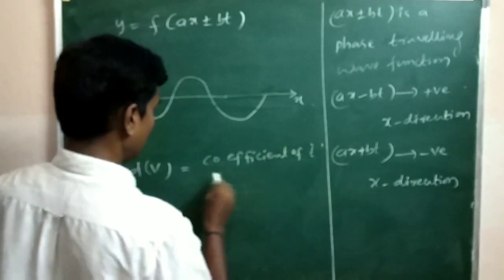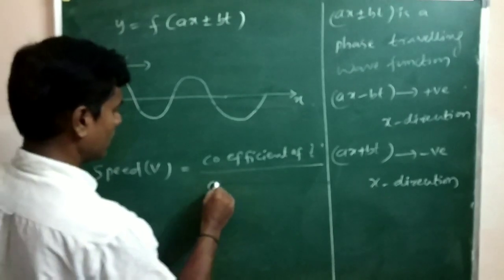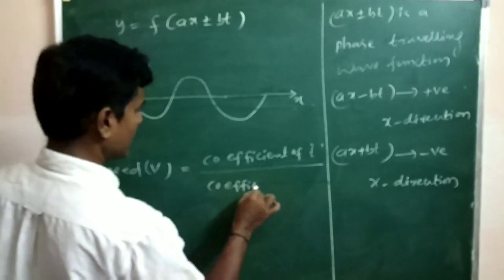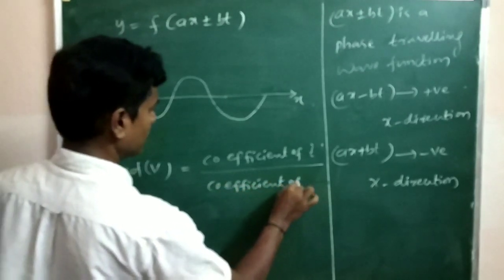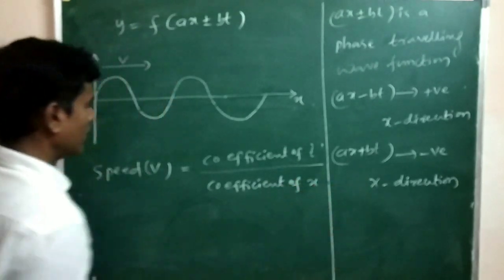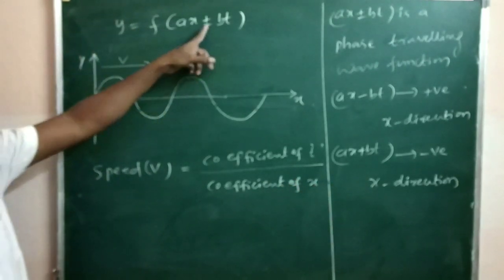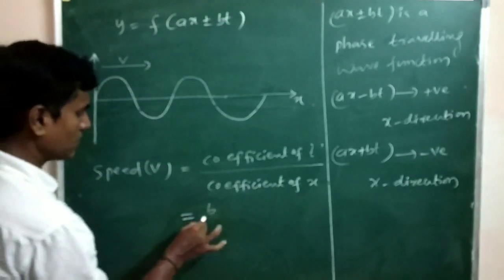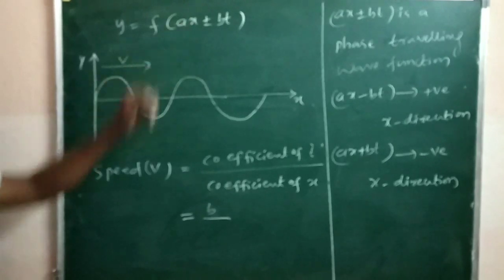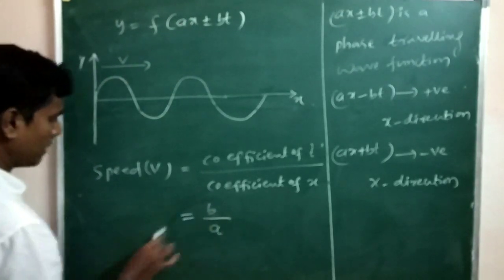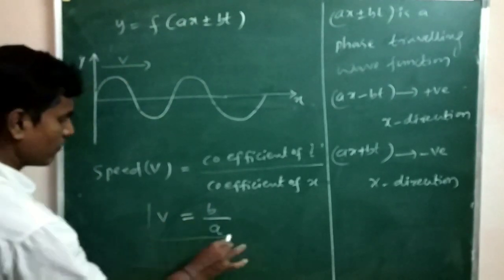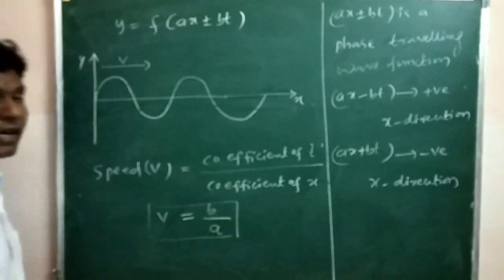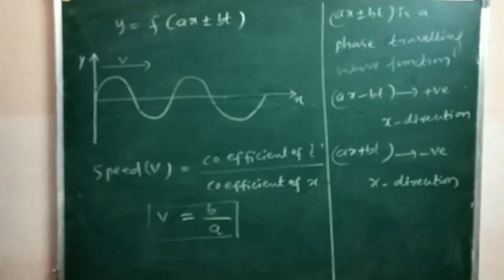What is the coefficient of t here? It is b, and the coefficient of x is a. So the speed of the wave is b by a. Write these points.